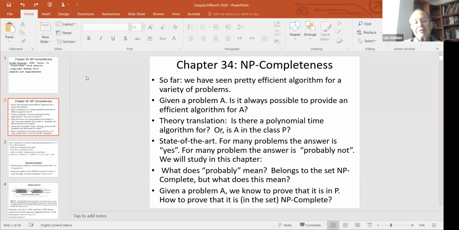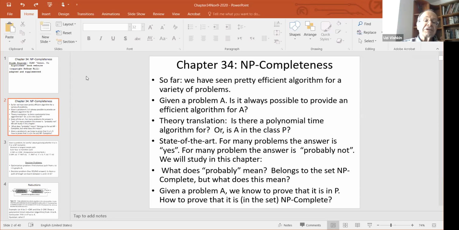So efficient had a slightly different meaning in prior chapters than here. In prior chapters, we wanted the best worst case behavior, and to us, an algorithm that ran in n square time instead of n cube was considered more efficient.